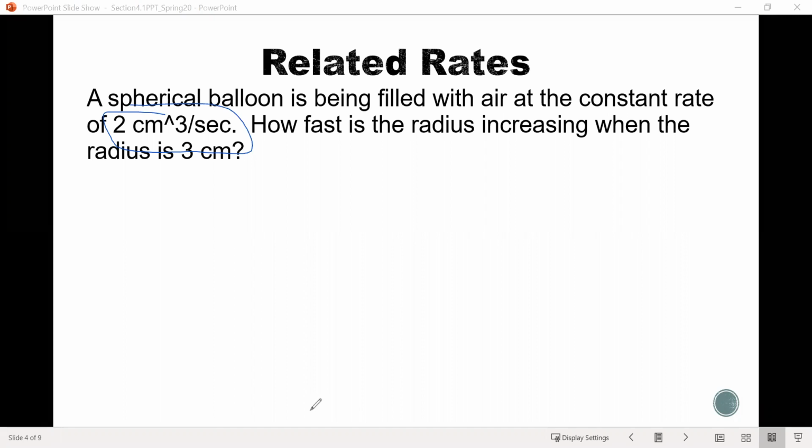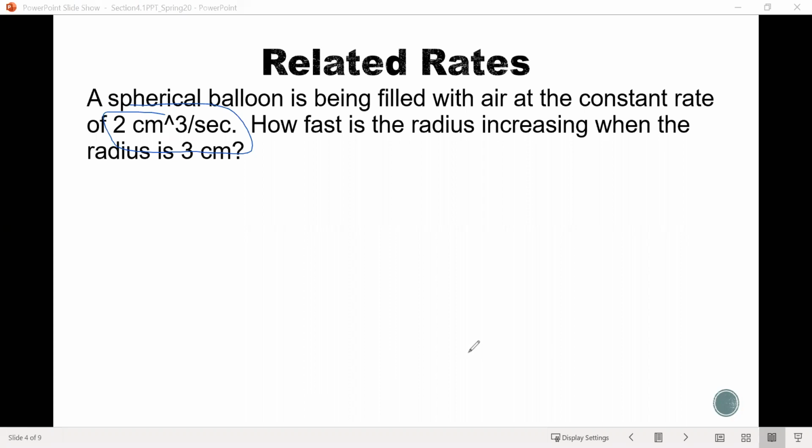We want to know how fast is the radius increasing when the radius is 3 centimeters. So you can imagine that probably the radius on this balloon started smaller than 3 centimeters, and as the balloon expands, the radius will eventually reach 3 centimeters. And then at that moment, we want to know what is the rate of change of the length of the radius. Whew. Okay, a lot going on here.